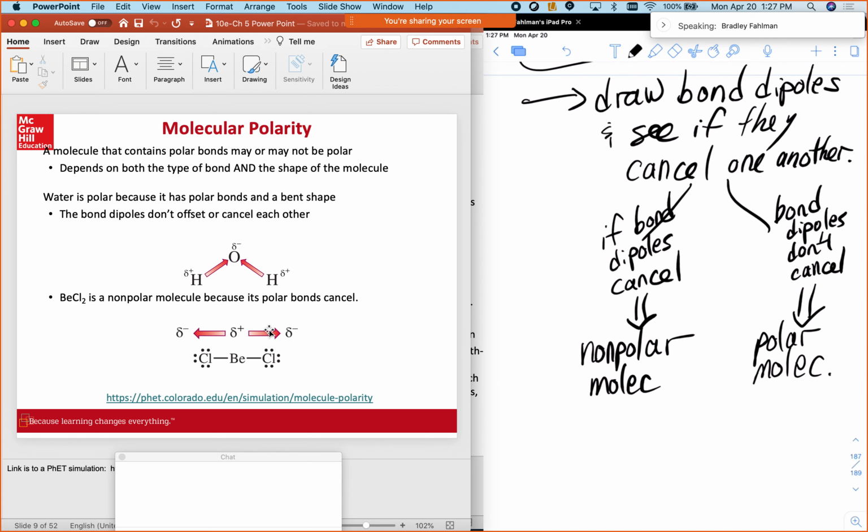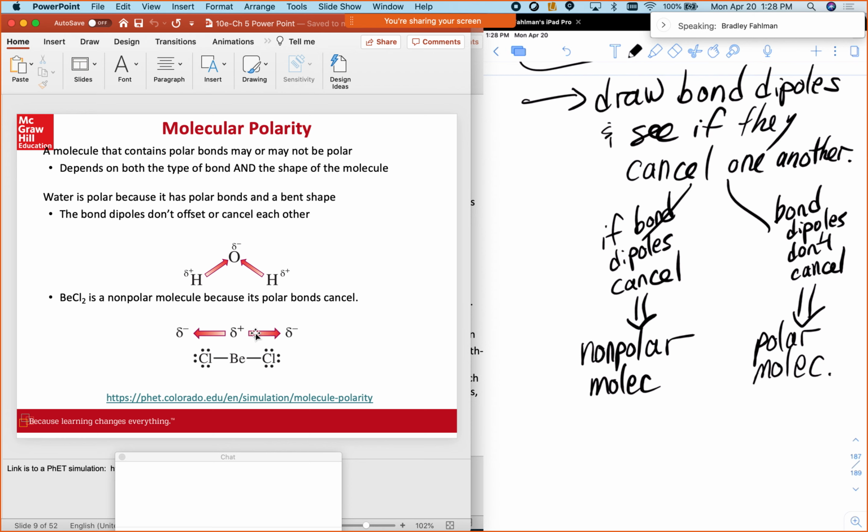If we draw those dipoles, they point toward the more electronegative atoms. One points this way, one points that way, and it's the same atoms in these bonds, so each arrow is the same length.